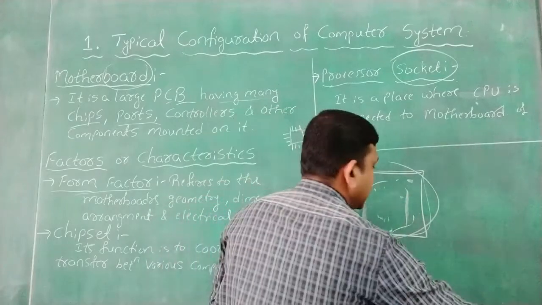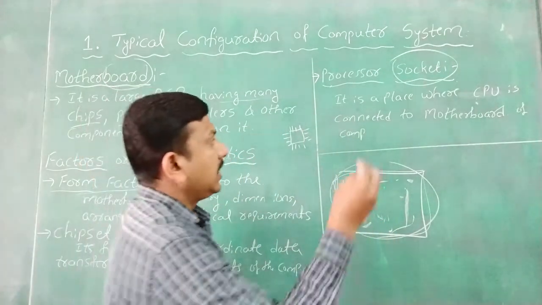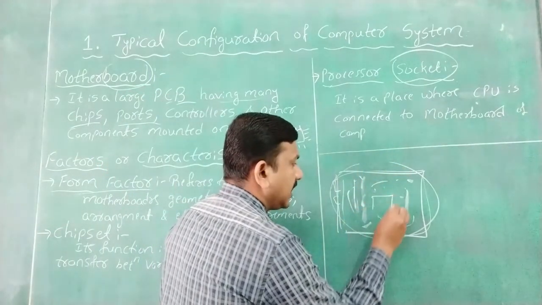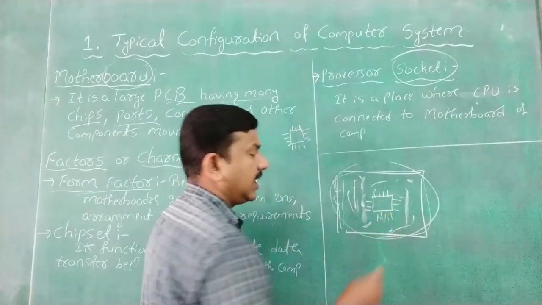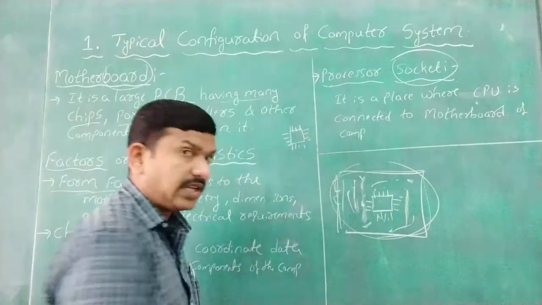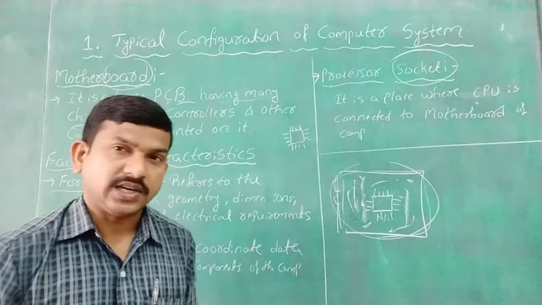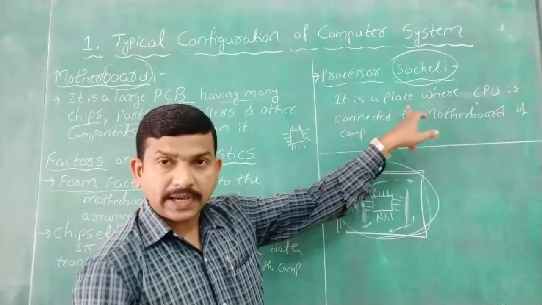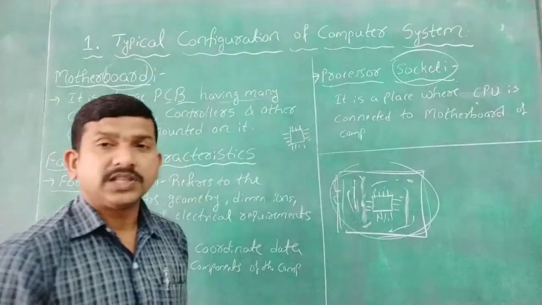Suppose this is one place where I want to connect the CPU. The CPU is again one processor. Where I connect and fix it, that place is the processor socket. The processor socket is a place where the CPU is connected to the motherboard.